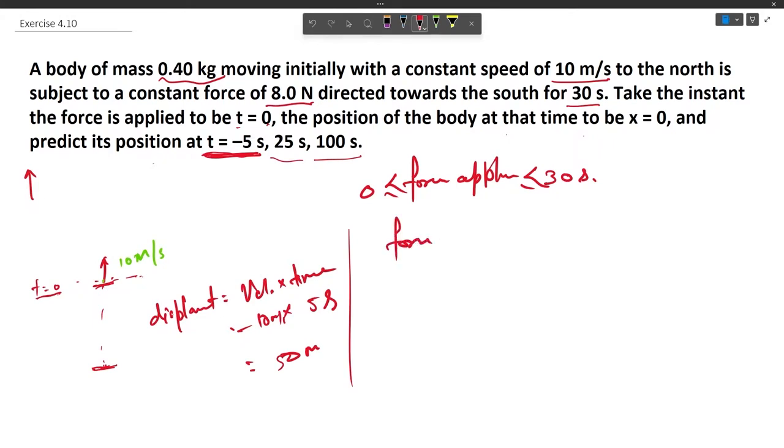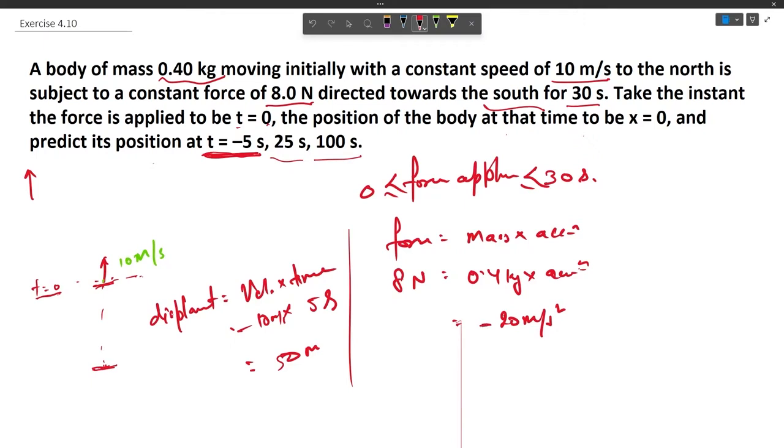Given force equals mass times acceleration. Now force is 8 Newton and mass is 0.4 kilogram. So acceleration would be equal to 20 meters per second square. And this force is acting southward, so we can take acceleration in the opposite direction of motion. And since it is in one dimension, we can represent it by a negative sign.